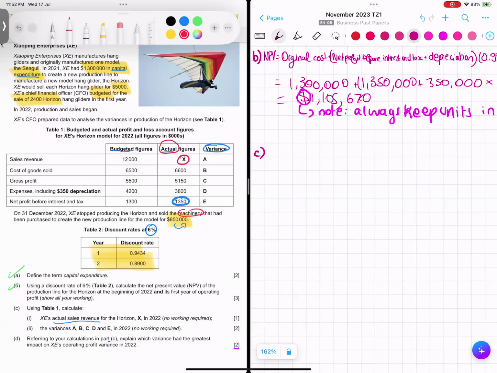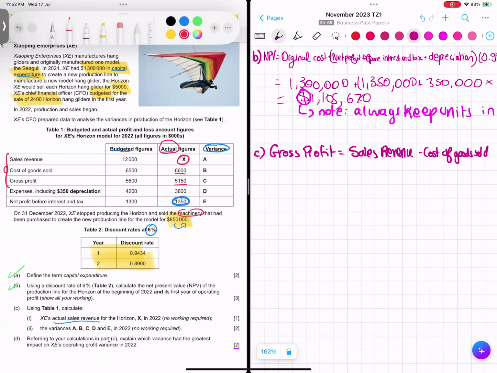So great. Here we need to look for sales revenue, right? We know that we have all of these given. We have the cost of goods sold and the gross profit. So what do you do? You use the formula: gross profit, which we know from our balance sheets, is equal to sales revenue minus cost of goods sold.